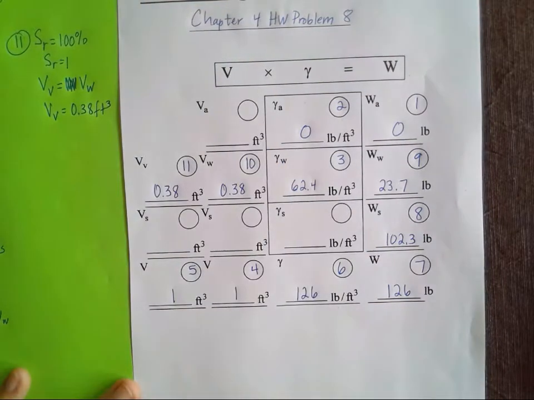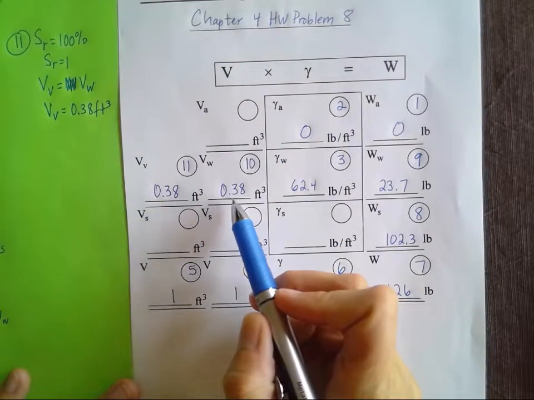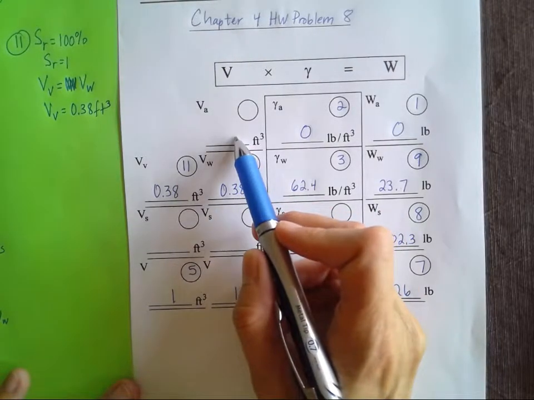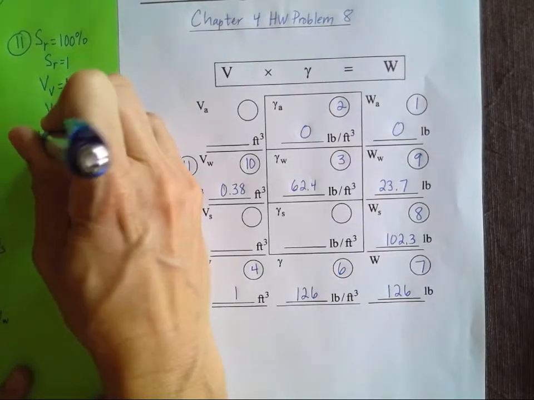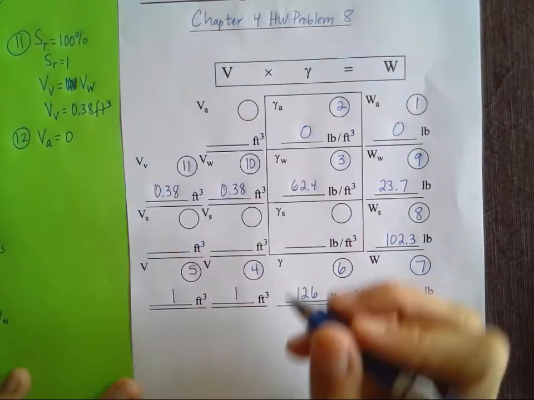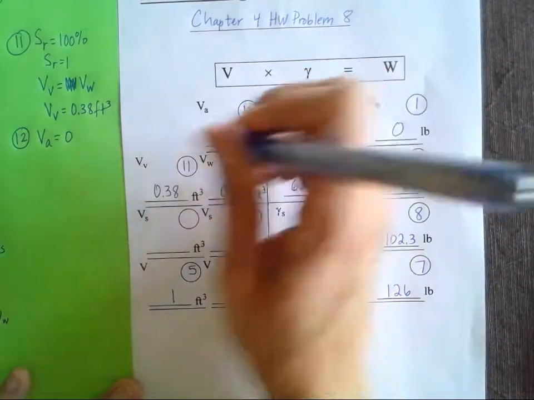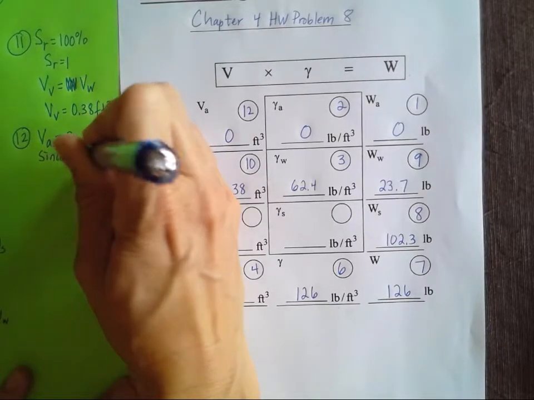0.38. Now you also can remember that if all my voids are filled with water, that means that my air has got to be 0. So either way, that could have been your 11 or your 12, but my volume of air has to be 0 there. I'm going to make that my number 12. And I'll just say since this SR is equal to 1.